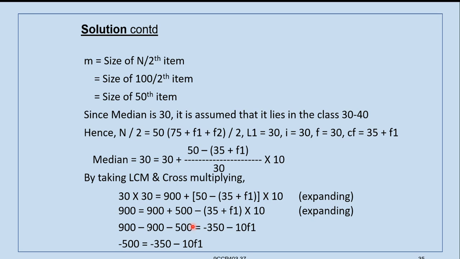If we expand this, 30 into 30 is 900, plus 10 into 50 is 500, minus (35 plus f1) into 10. In other words, 900 minus 900, minus 500, minus 350, minus 10f1, plus 500, is equal to minus 350 minus 10f1.